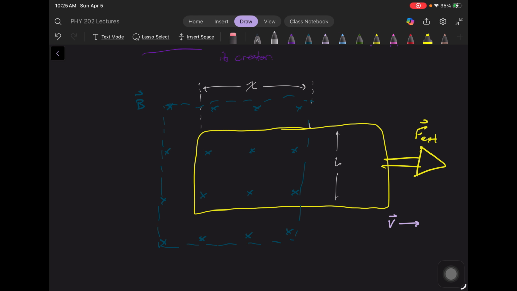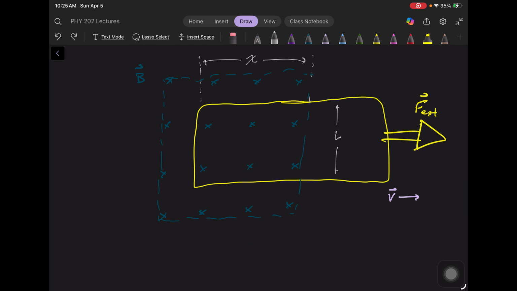Right, I did a kind of squiggly x, so it's very clearly different from the magnetic field x's. Okay. And so then let's see. If this is going to be leaving the magnetic field, we're going to be decreasing the flux through it going into the page.